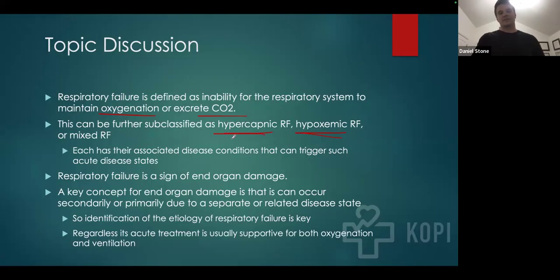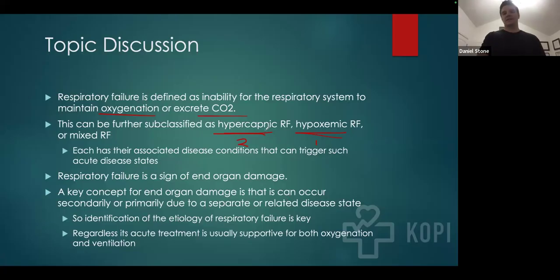There's a presumption that if you ever have type 2, the reason why we would call it type 2 instead of hypercapnic is because hypercapnic respiratory failure almost always has concomitant hypoxia.